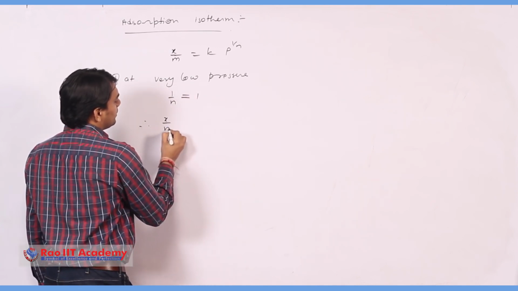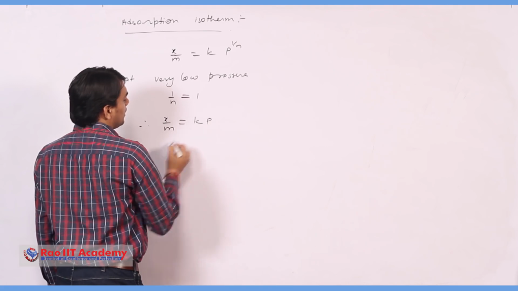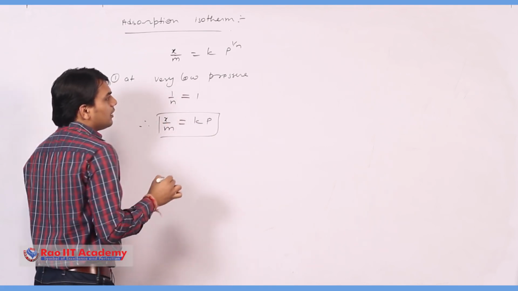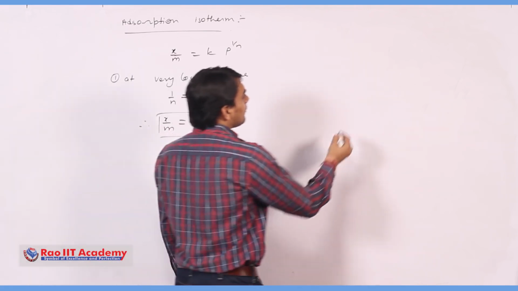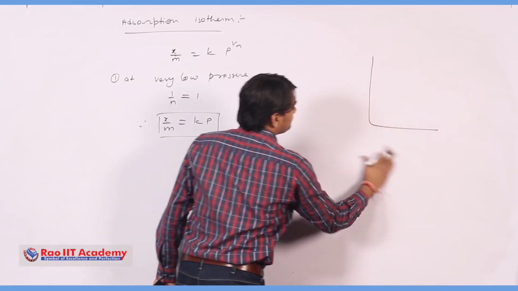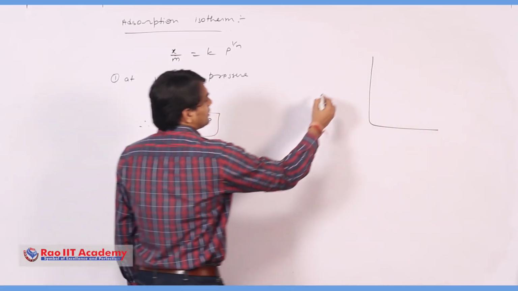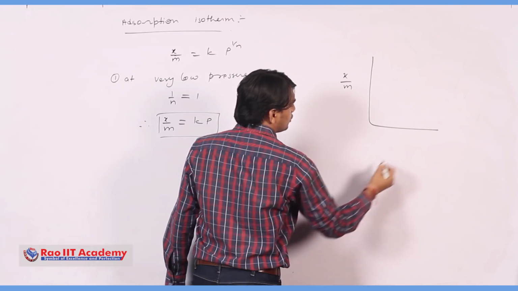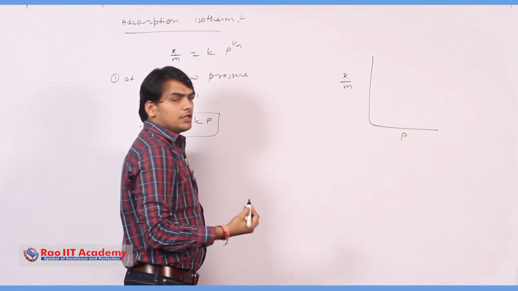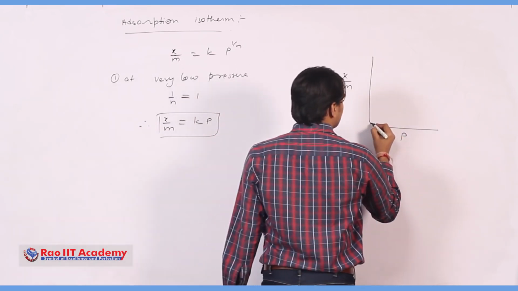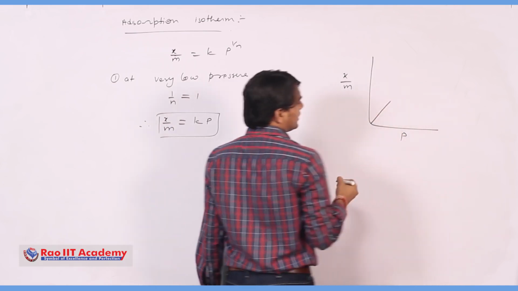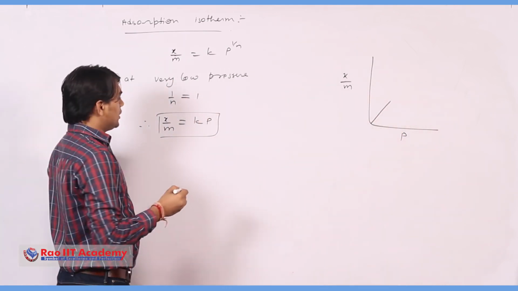Therefore, our relation becomes x by m is equal to K P, or we can say at low pressure the extent of adsorption increases with pressure, or we get a straight line initially.